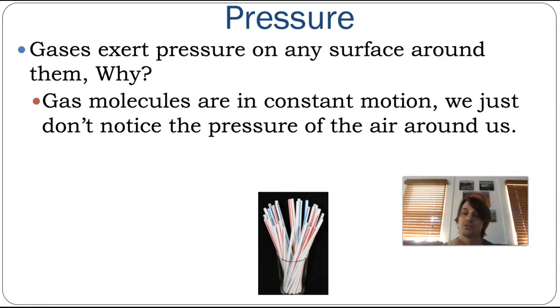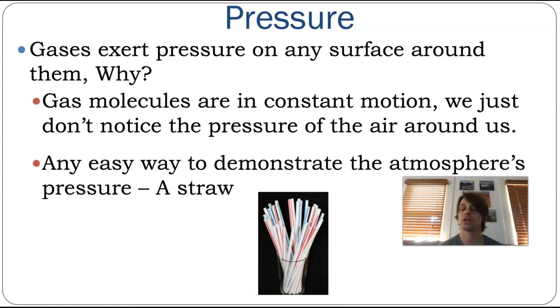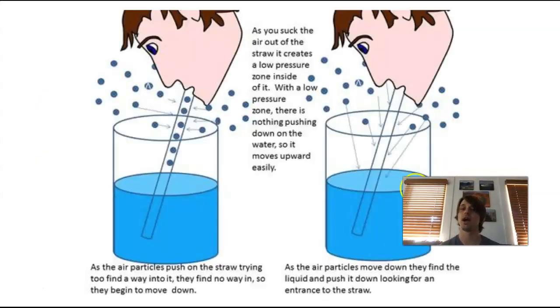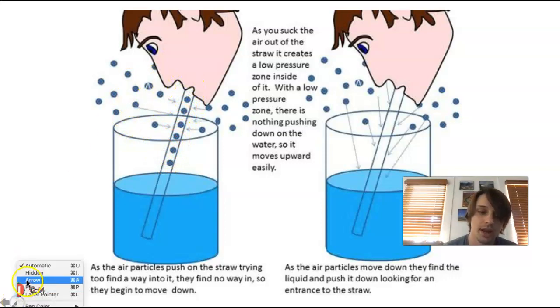And this force can be seen when we look at a straw. So let's look at a straw and describe what's happening here. If I have a straw right here, there's air particles in that straw and there's air particles out of that straw. So what happens when I breathe in is I remove these particles in the straw and they go up. Once these particles are removed, the pressure goes down in that straw.